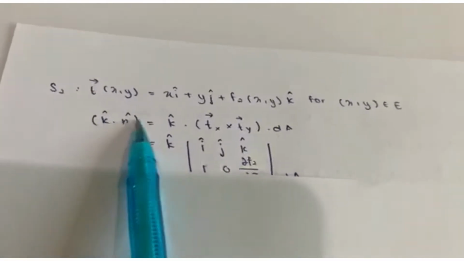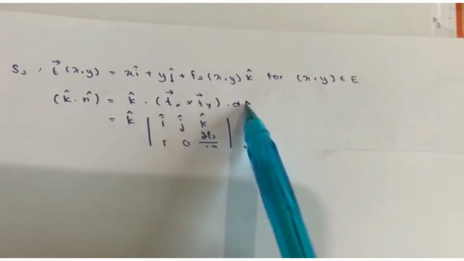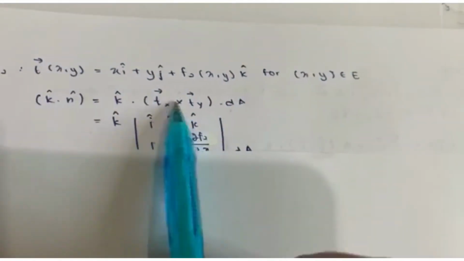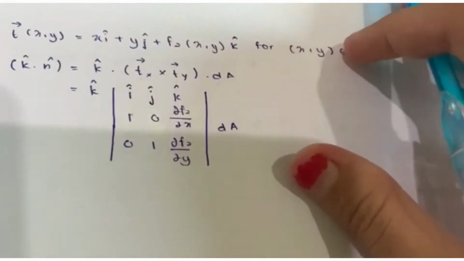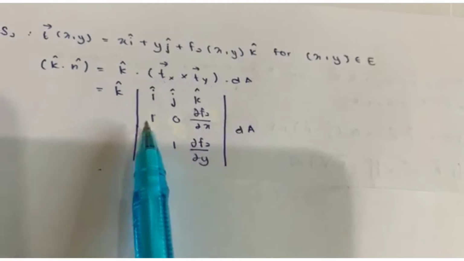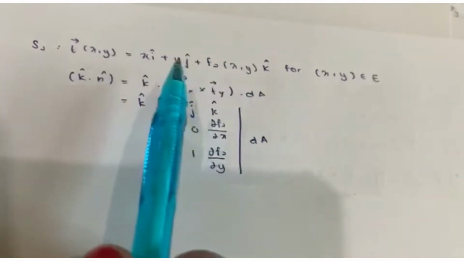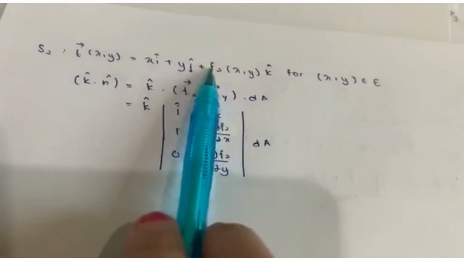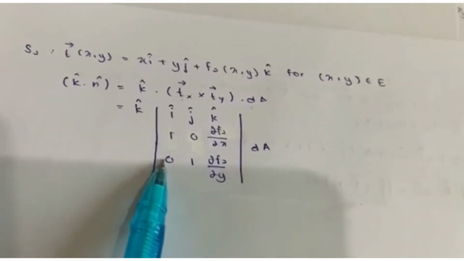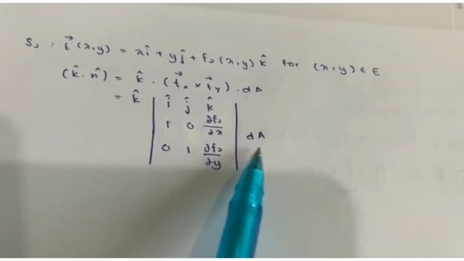So for S2 the positive orientation is given by Tx times Ty dA. So this is a cross product, right? We set up the determinant with i, j, k, and we get 1, 0, del f2 over del x, because we differentiate with respect to x, and then differentiating with respect to y, we get 0, 1, del f2 over del y, dA.